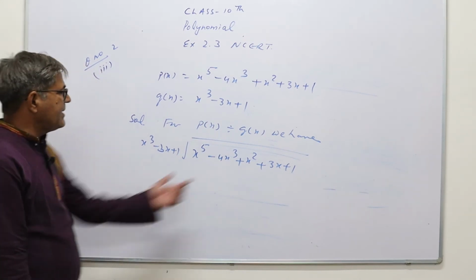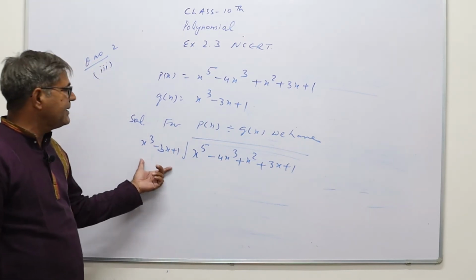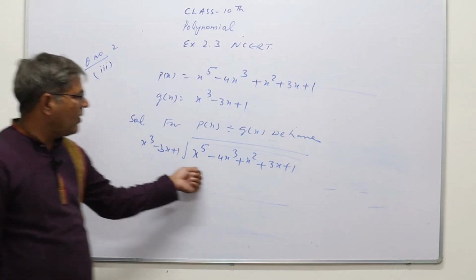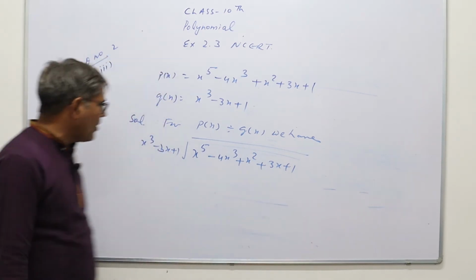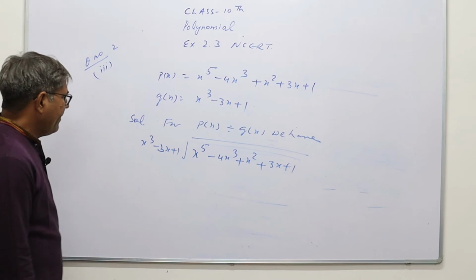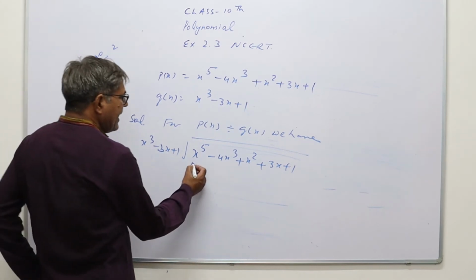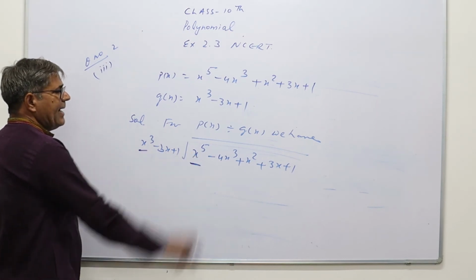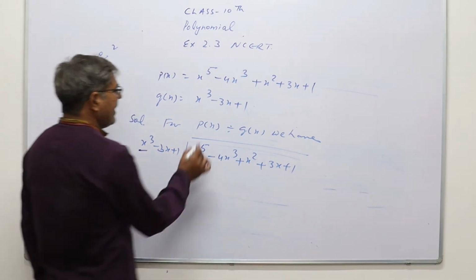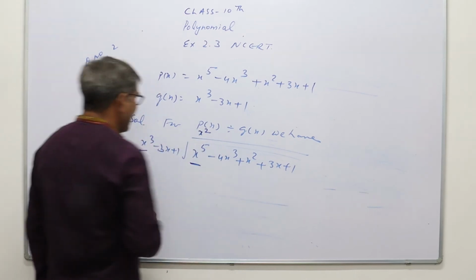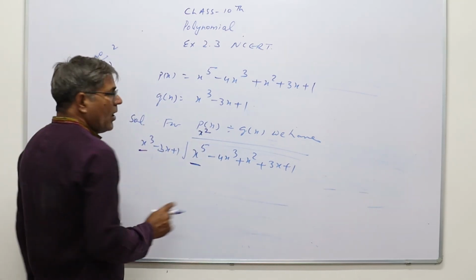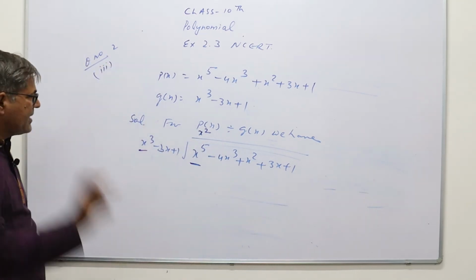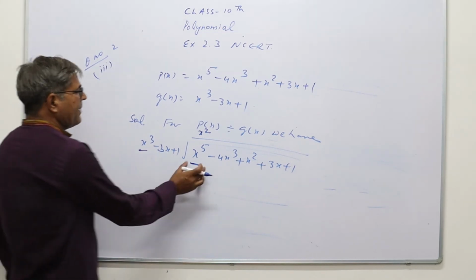Now to divide this p(x) by g(x), first of all we have to write all the terms in decreasing order of the degrees. Then divide, observe the highest degree term. So in the divisor x cube and in the dividend x power 5. So if we multiply the divisor by x square, then x square into x cube, only you have to check the first term. How will we get x power 5?